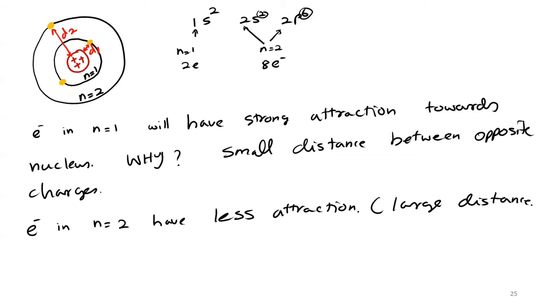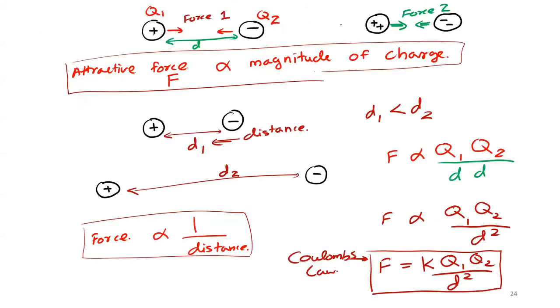Now try to understand this inverse relationship. Distance in this equation is a denominator.